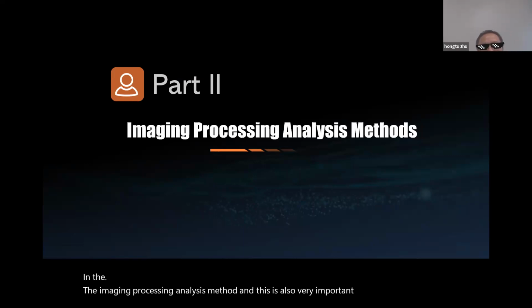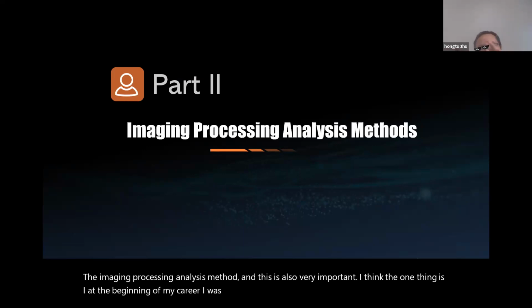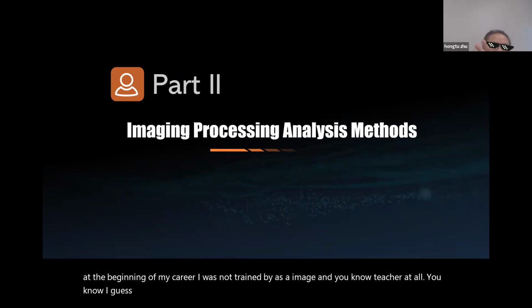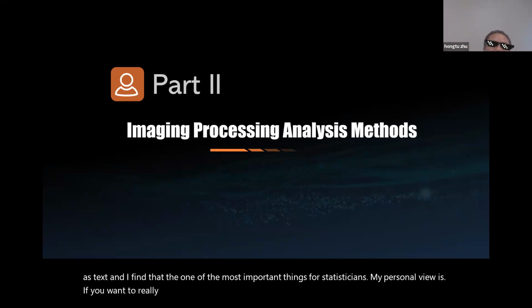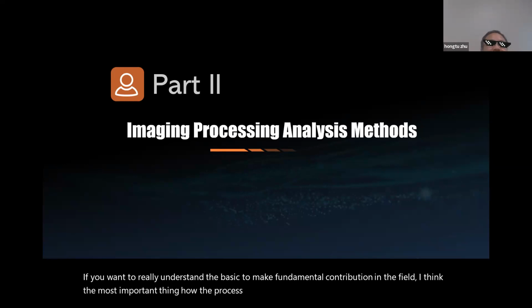At the beginning of my career, I was not trained as an imaging statistician at all. I used to do some other things, but I happened to work in imaging statistics, and I find that one of the most important things for statisticians, my personal view, is that if you want to make a fundamental contribution in the field, the most important thing is to know how to process the imaging data by yourself.